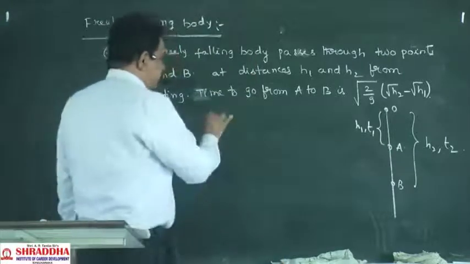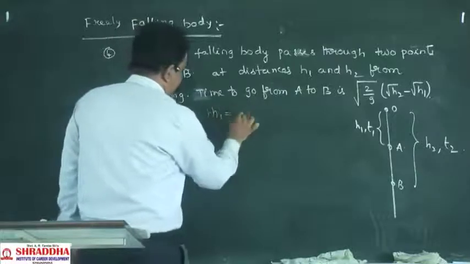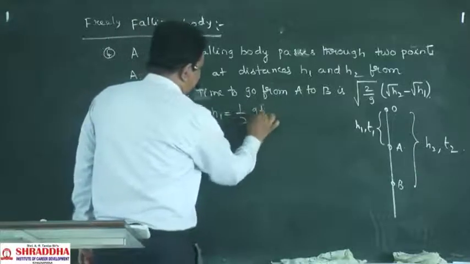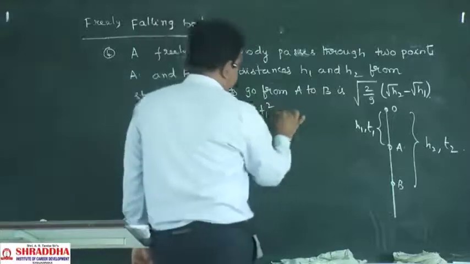How did this come? See, h1 is equal to 1 by 2 g t1 square.